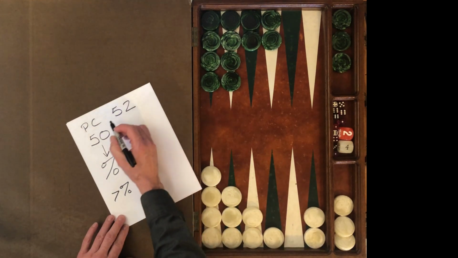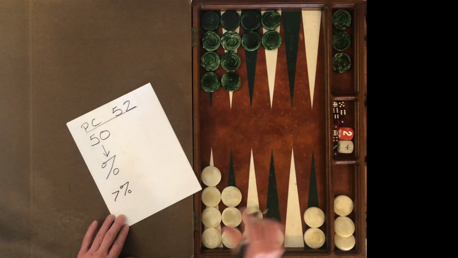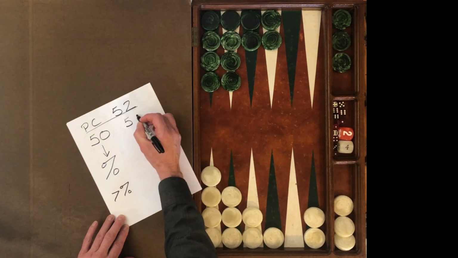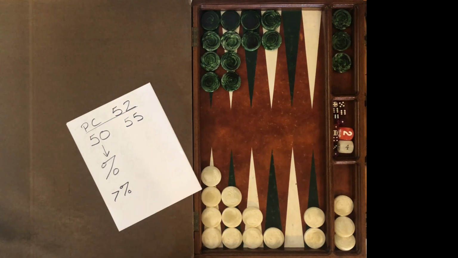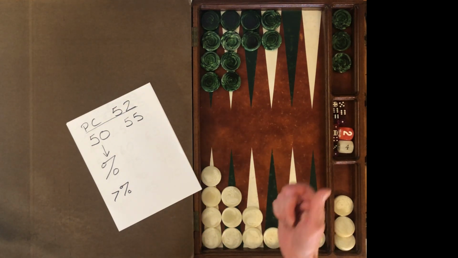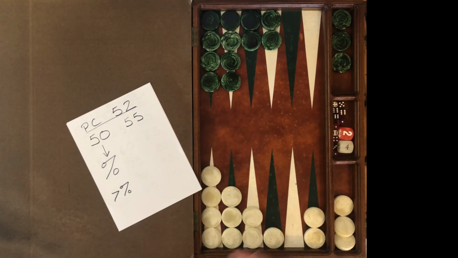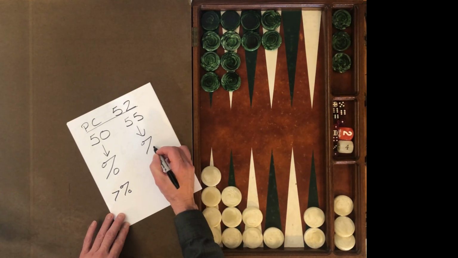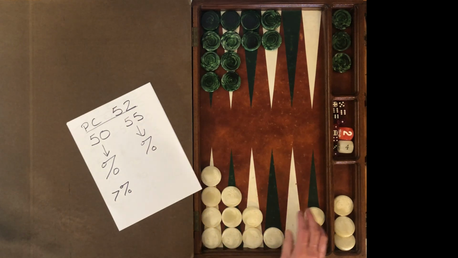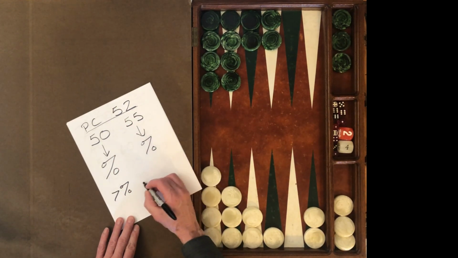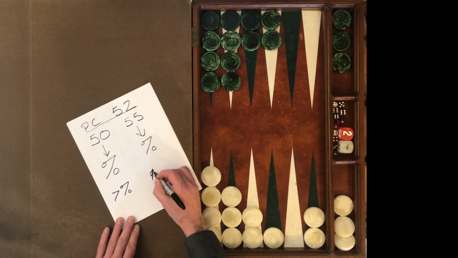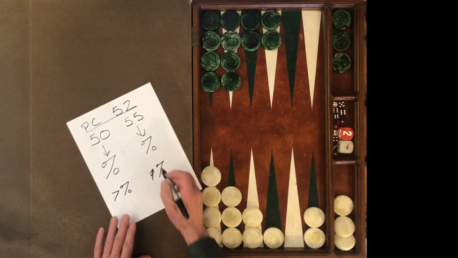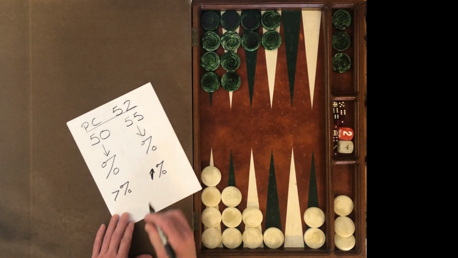Now if you used 55 instead, for this case where 52 is your pip count, your position is stronger than 55 because your pip count is less. So you use the method for 55, get your percentage, but your position is stronger than your answer. So then you're going to increase your pip lead percentage.